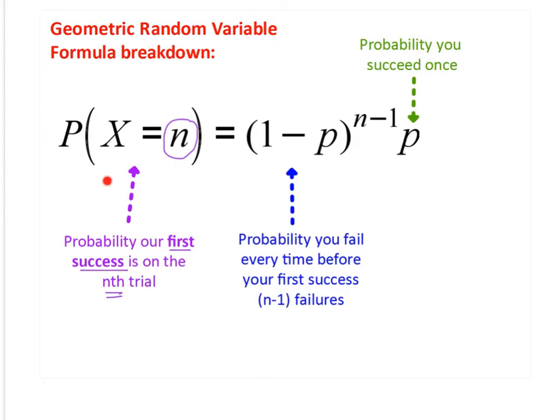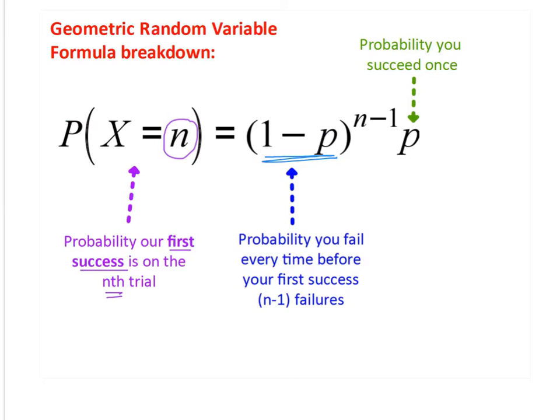So in order to find this probability, I need to first find what's the probability of a failure. Well, that's 1 minus the probability of a success. So if I think about not succeeding until the nth trial, that means I fail every time before my first success. So we do the probability I fail raised to n minus 1, or every time before my first success.